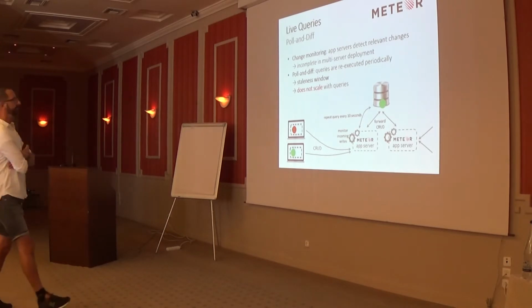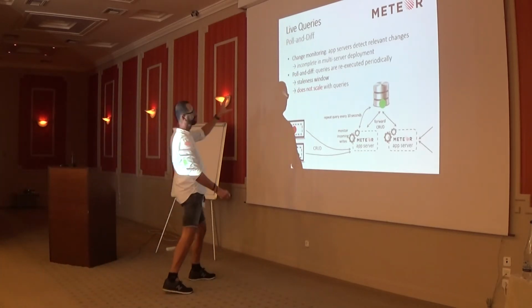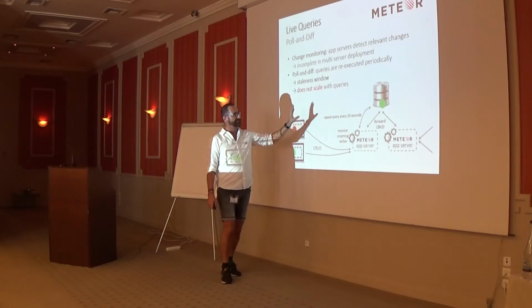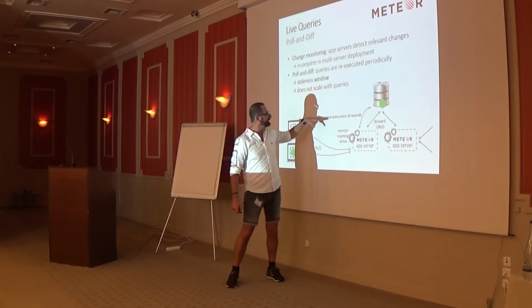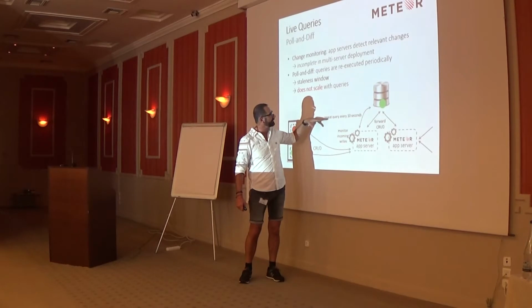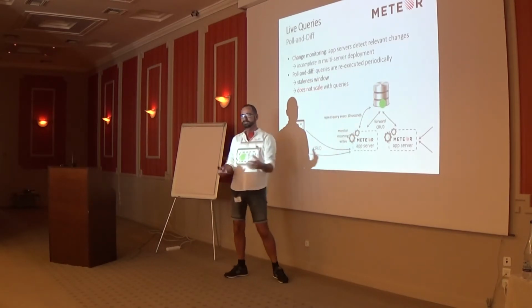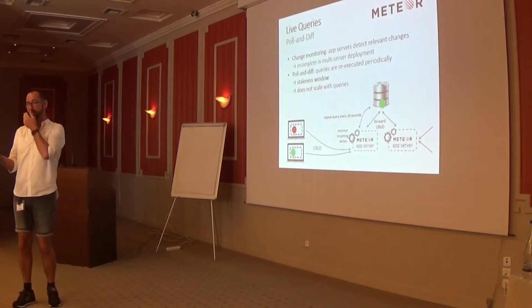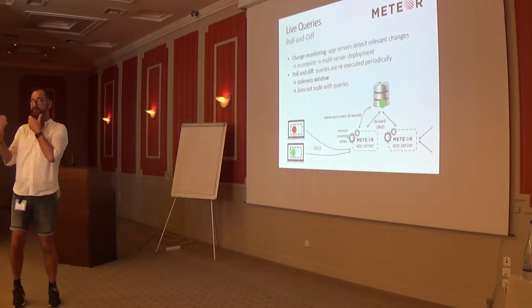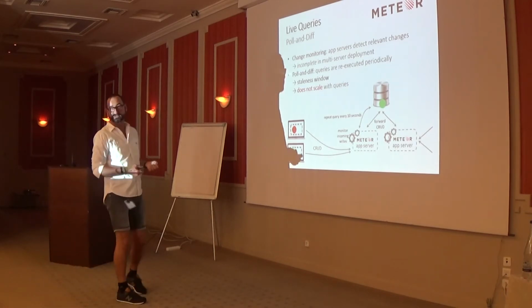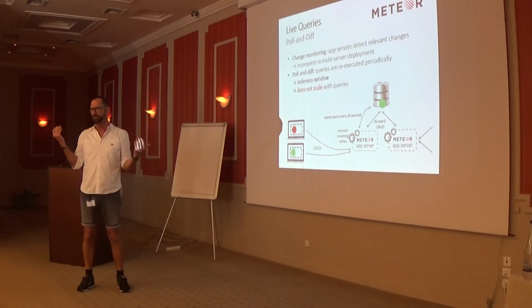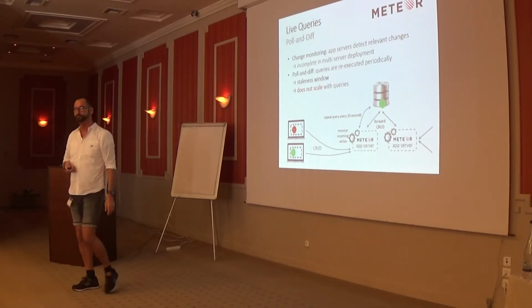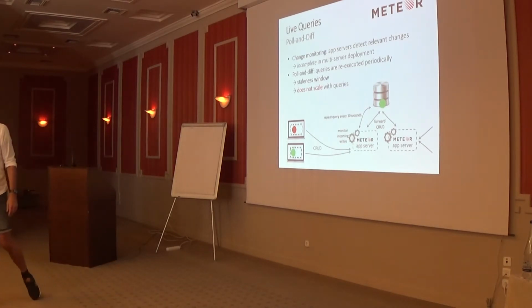But if you really have thousands of queries registered, then the poll-and-diff mechanism does not scale in the number of queries. Queries are registered at the application server. But this is strange. Why? They should have the query at the database in an internal format, maybe pre-optimized. Okay, we'll come to that.